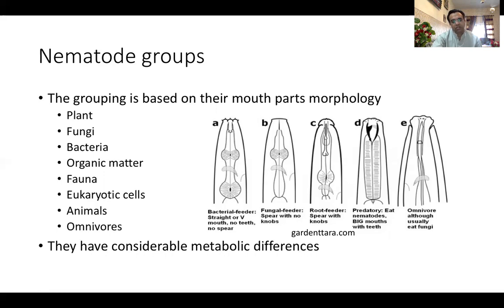Then fauna, then eukaryotic cells eater, and so on. Omnivores are those groups which can feed on different types. They can feed on plant as well as animals.